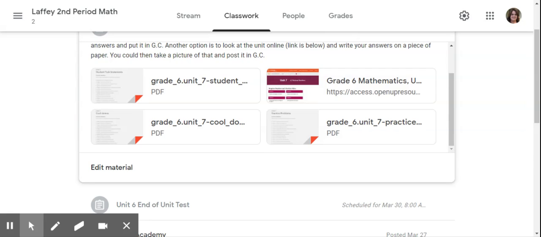Negative 35 is not, because it's lower. 4 feet would be higher than negative 22. So we're thinking about that number line. What is above and what is below? 4 feet is higher because it's a positive number. Negative 22 versus negative 8. Negative 8 is higher. And 0 would also be higher. So the only one that's lower is negative 35.